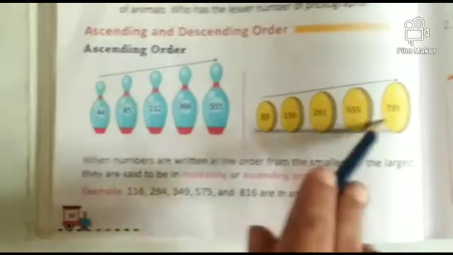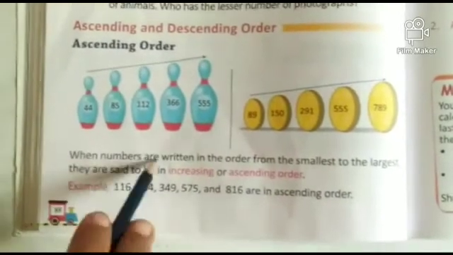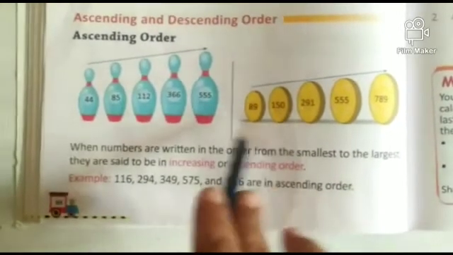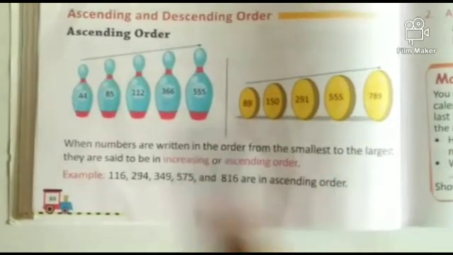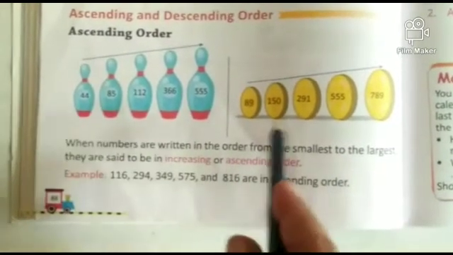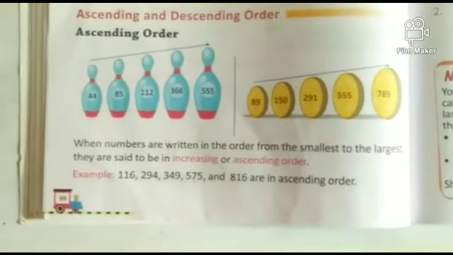These are also ascending order numbers. So, when numbers are written in the order from the smallest to the largest, they are said to be in increasing or ascending order.